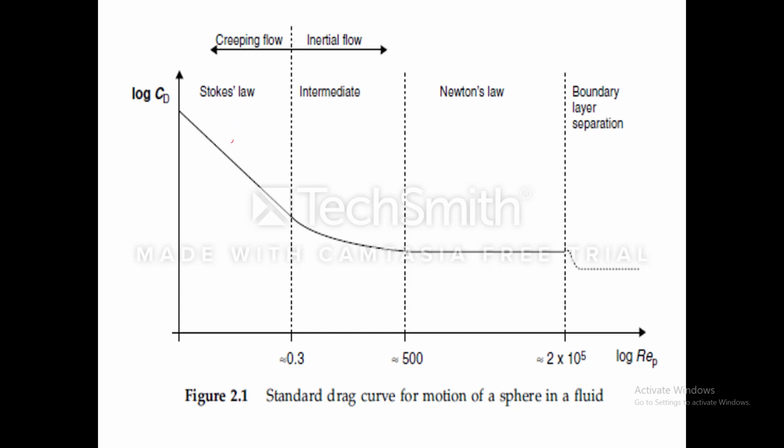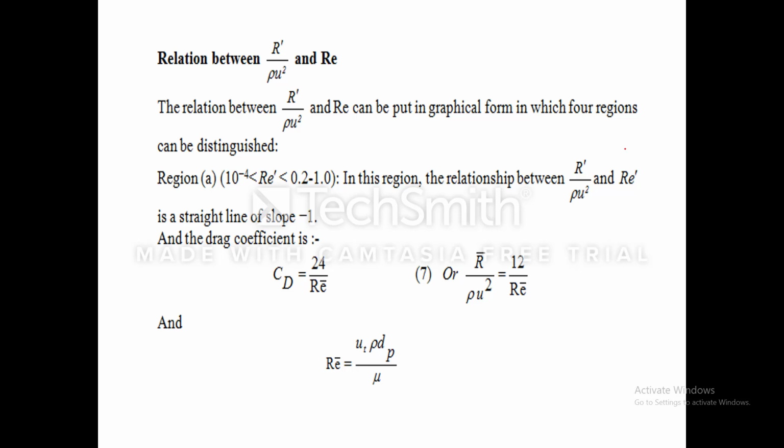First one is Stokes law, then the intermediate region, Newton's law, and boundary layer separation. The relations between R dash over rho u squared and Reynolds number can be put in graphical form in which 4 regions can be distinguished.